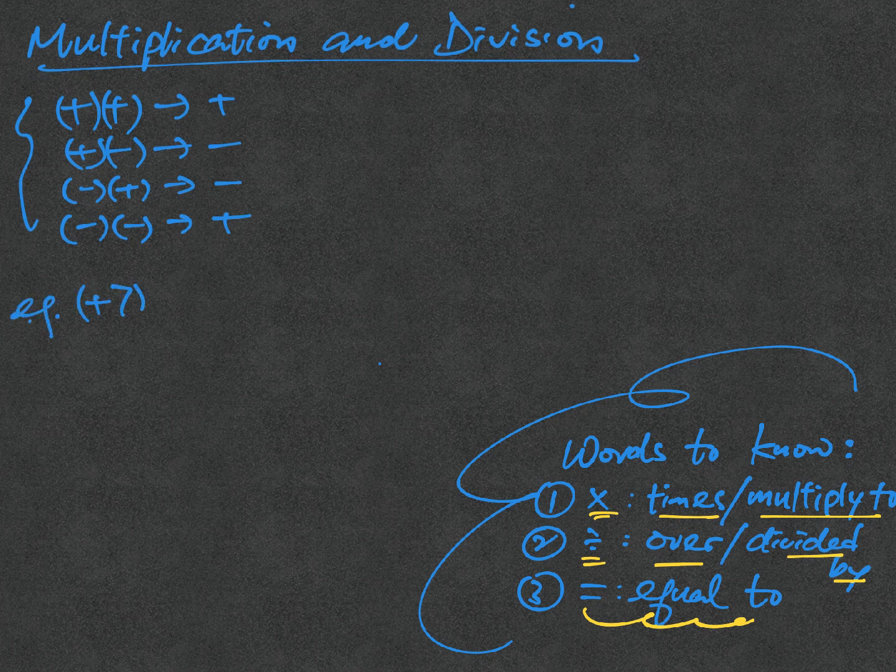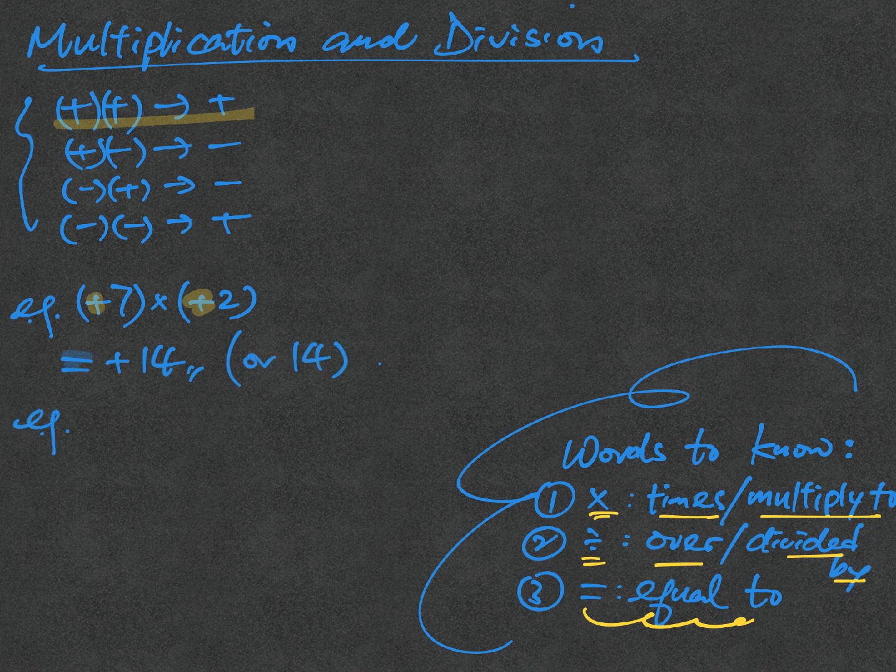You have plus 7 multiplied by plus 2. When you have positive and positive, according to rule number 1, the result is also positive. So the answer should be plus 14, or you can simply write 14.